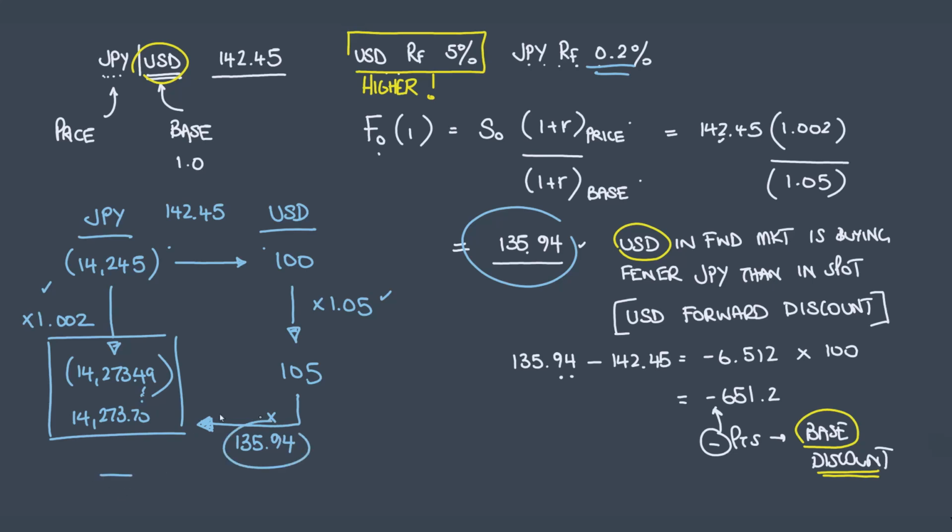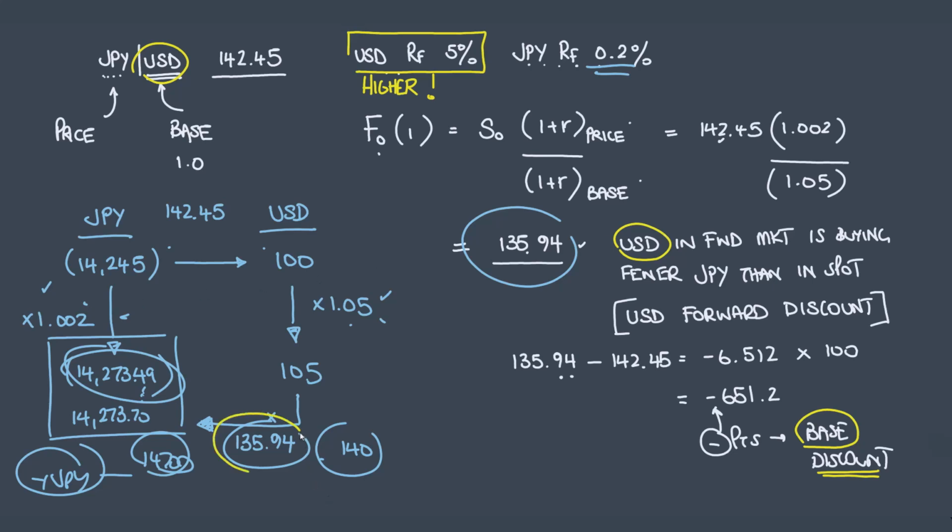If this rate was different, imagine, for example, this rate was 140, 105 times 140, I'd end up with 14,700. I could more than pay off my yen loan and have cash left over without taking on any risk. Locking in the forward rate, locking in the risk-free rates, I make an arbitrage gain. That can't happen.